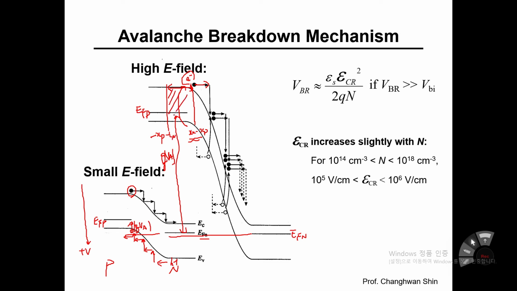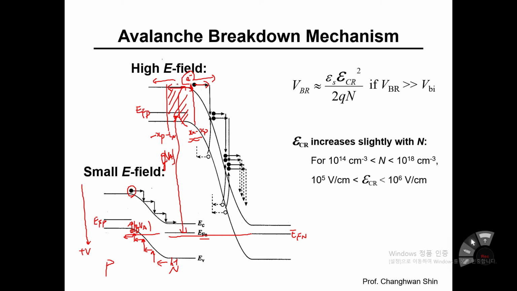In this region, electron-hole pairs are thermally generated, and there is a possibility for the thermally generated electron to diffuse toward the p-side quasi-neutral region or into the depletion layer with a 50% probability, if we take into account the x dimension only.